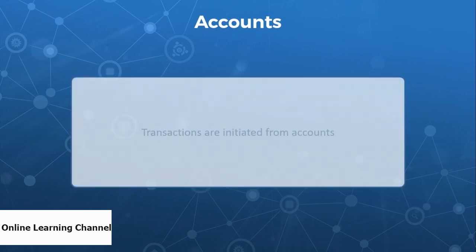And in fact, in order to invoke any transaction on the Ethereum network, you need to make use of an Ethereum account. A single node or a single individual may have multiple accounts associated with them, but in order to originate any transaction, they will need to make use of one of those accounts.